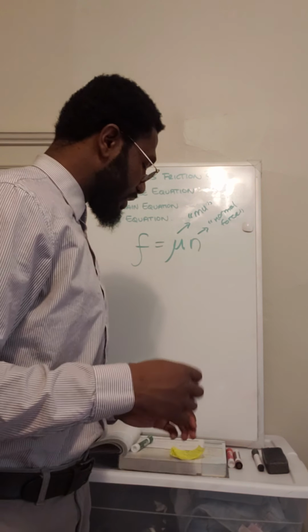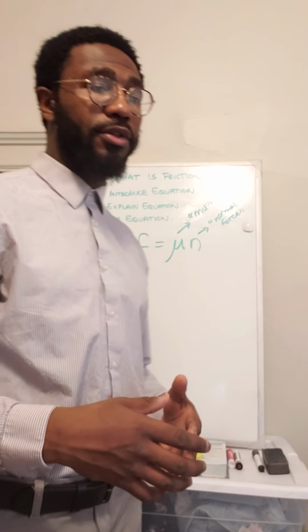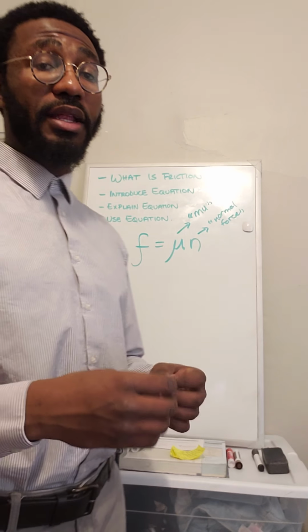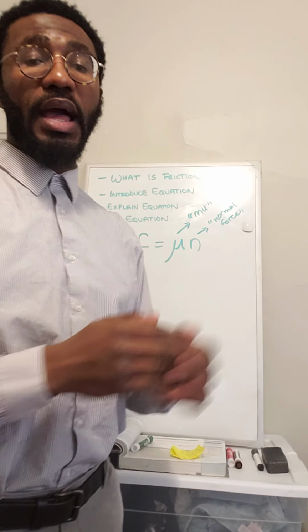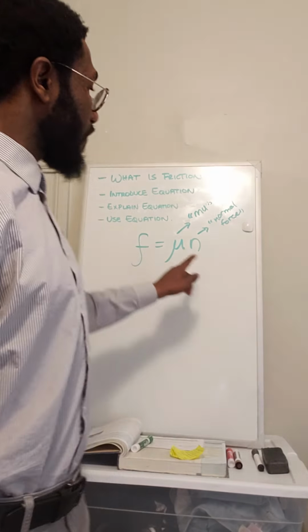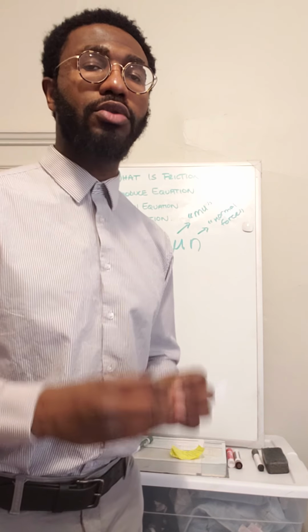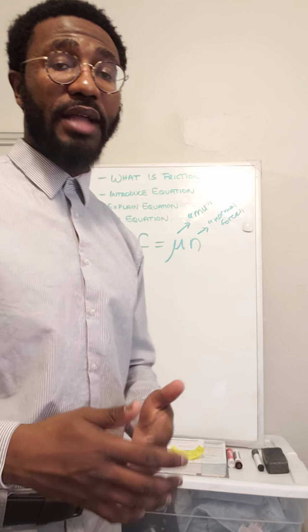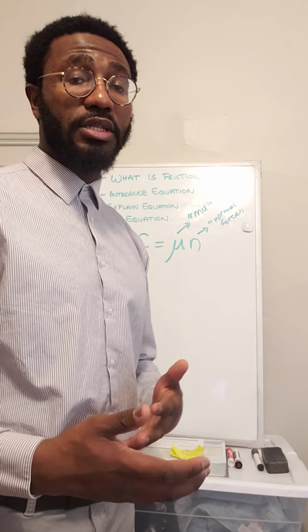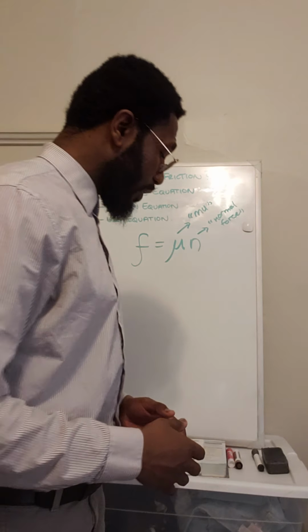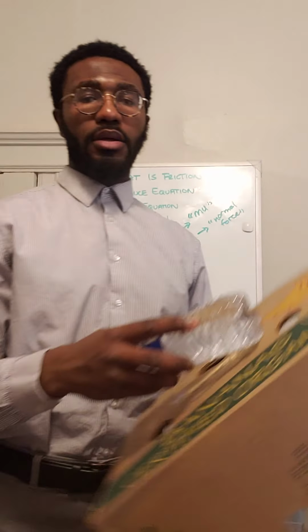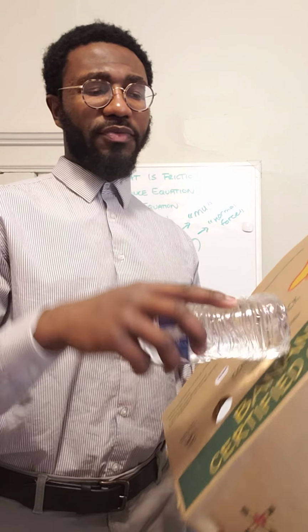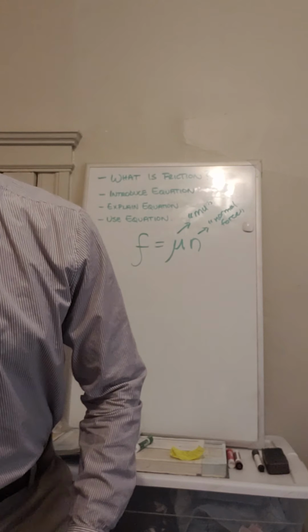It is a tested lab generated value that describes the quality or characteristic of two surfaces or materials when they're in contact with each other. So this value purely depends on the two surfaces that you have in contact with each other. And it varies based on what those are. For example, if you had a plastic water bottle rubbing against cardboard, that is very slick actually, but it has a particular coefficient of friction.